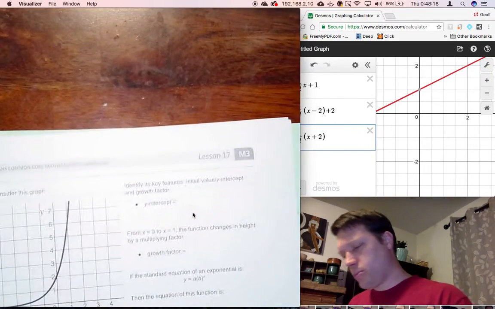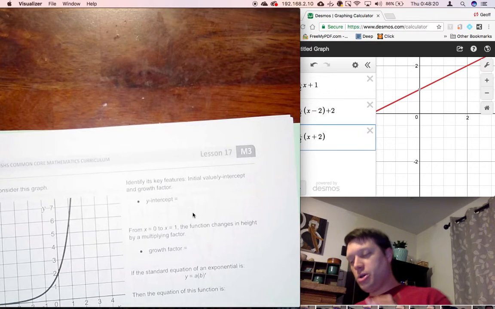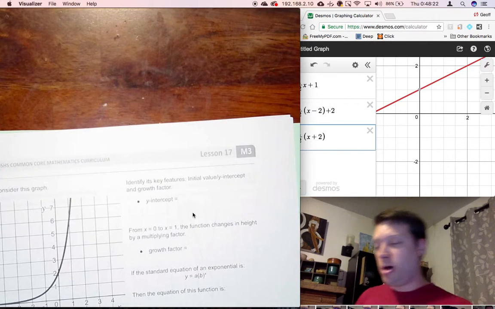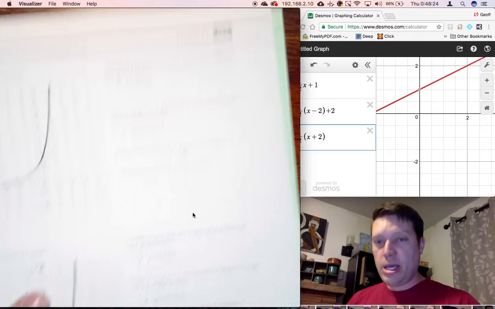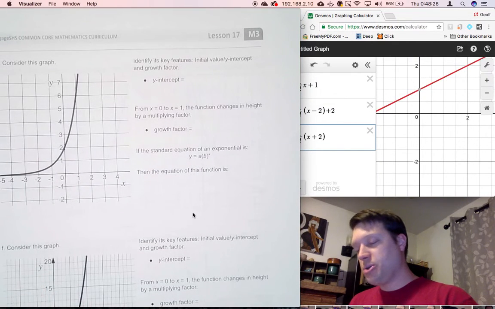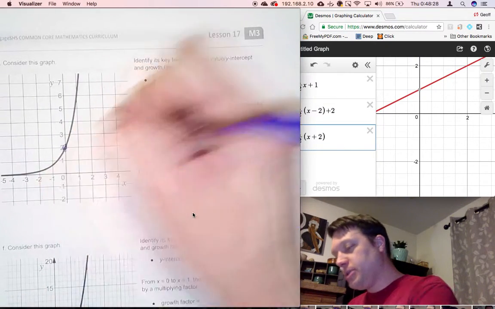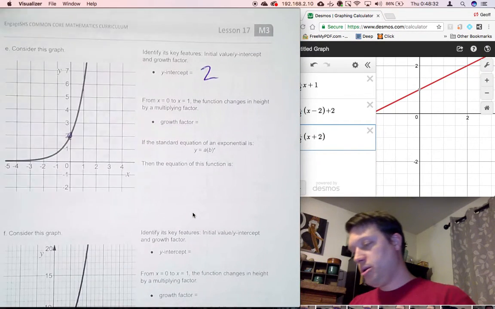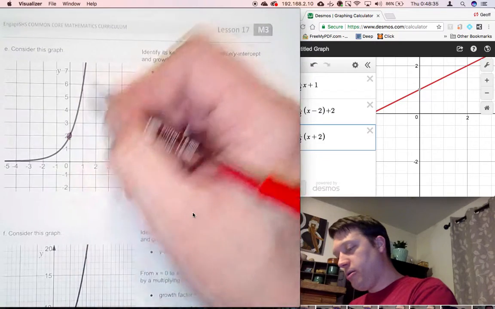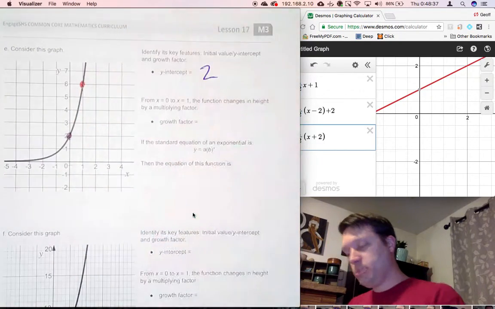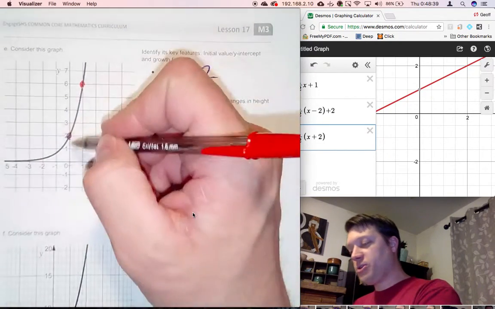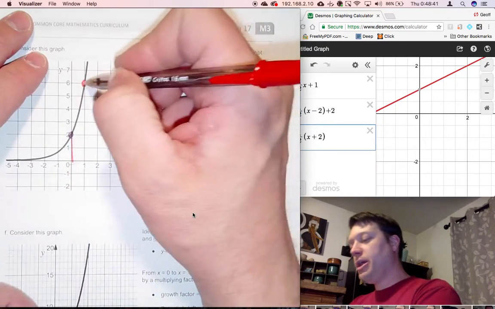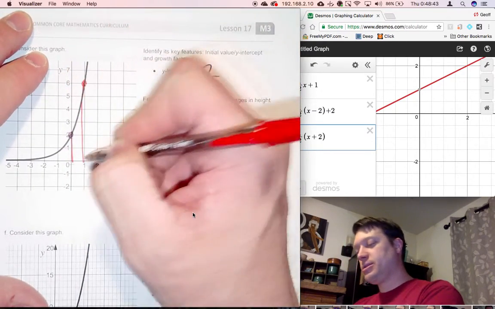Okay, getting more challenging. So the key to this one is based upon the y-intercept first and then the growth factor. So in this problem, the y-intercept is 2, and then think about from 0 to 1. So from 0 to 1, we're first of all at a height of 2, and then we go to a height of 6.